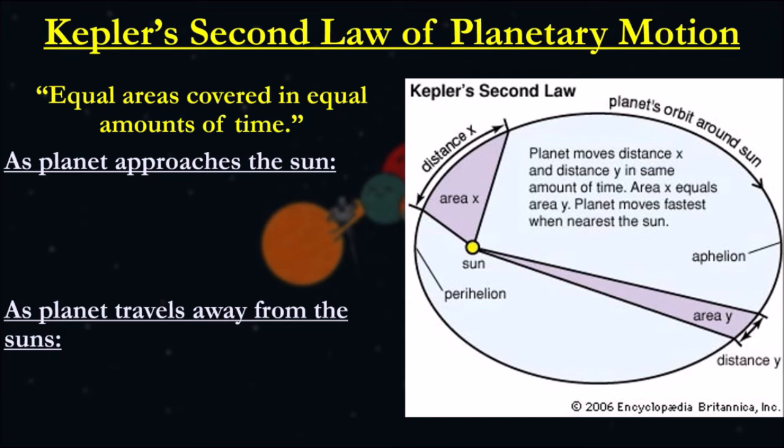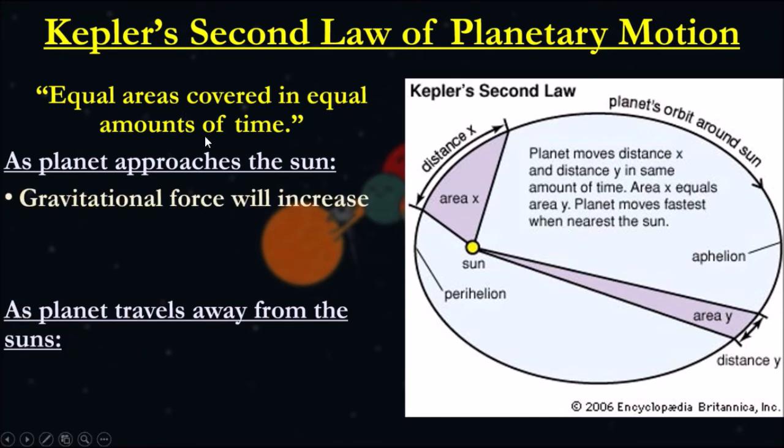The second law states equal areas covered in equal amounts of time. We talked about how the planet, when it's closer to the sun, will be accelerated, and so it moves a lot faster. And when it's further away, it moves a lot slower.